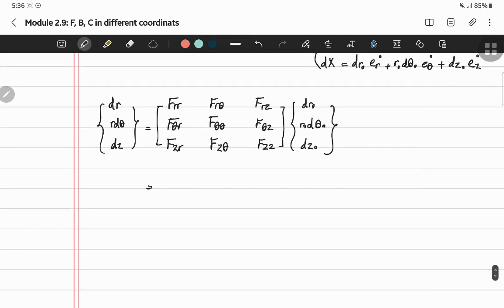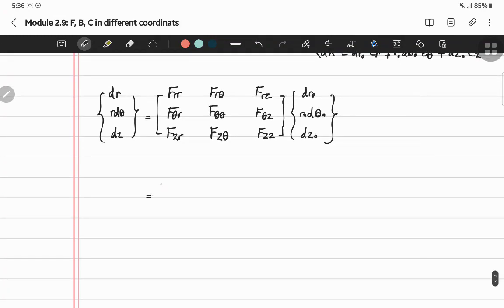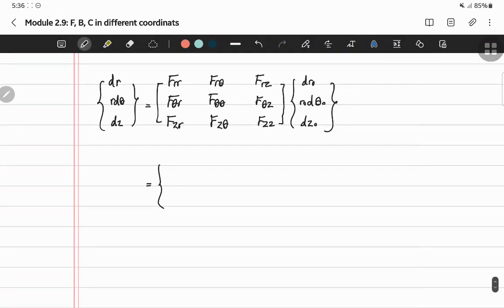So if I do the multiplication, then I'm gonna have F_RR dr0 plus F_R theta r0 d theta 0 plus F_RZ dz0.